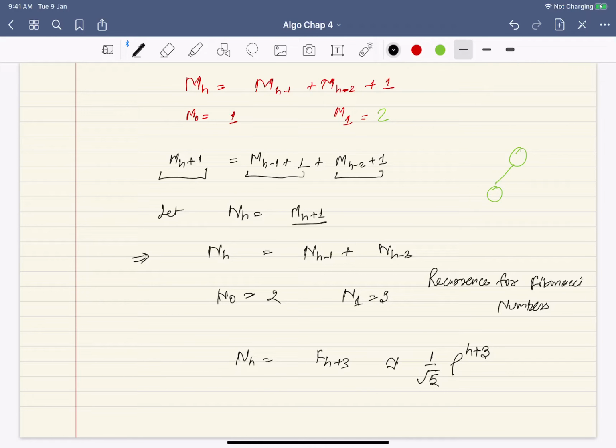So that is one of the reasons that the AVL tree is also referred to as a Fibonacci tree.